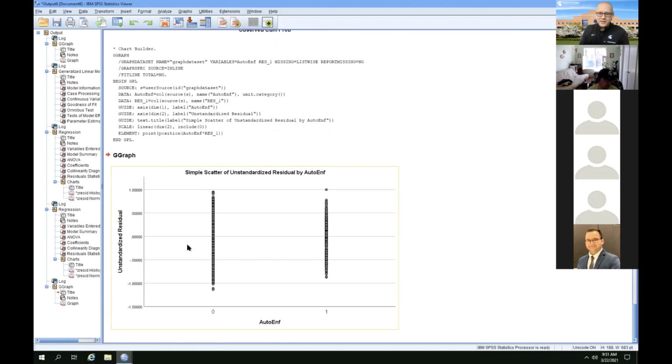Interestingly, in this case, we had a few students who surmised, well, there doesn't appear to be a problem with auto enforcement or really with any of the binary variables as compared to what we saw previously with those lines that are consistently going up or down, as the case may be. Now, the reason we're not seeing that is because there's only two categories here. If there was a third or fourth category, the same trend is actually being observed here, but there's just so many points stacked on top of one another. It's not as evident how big of a concern that trend in the residuals is.